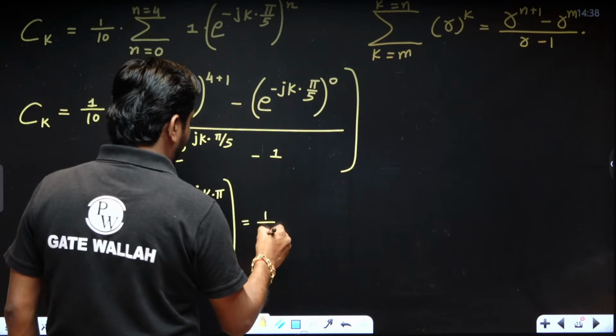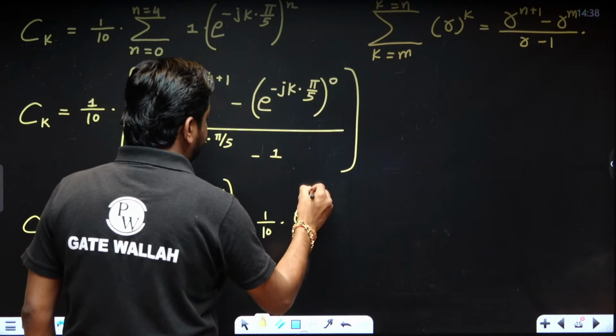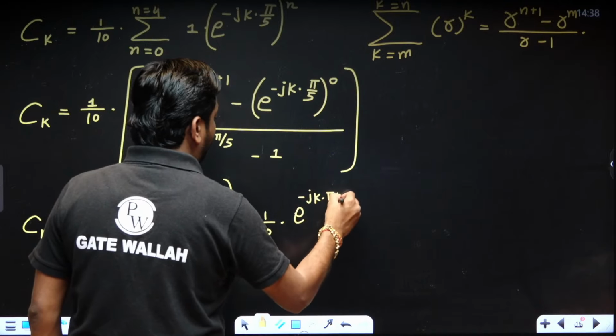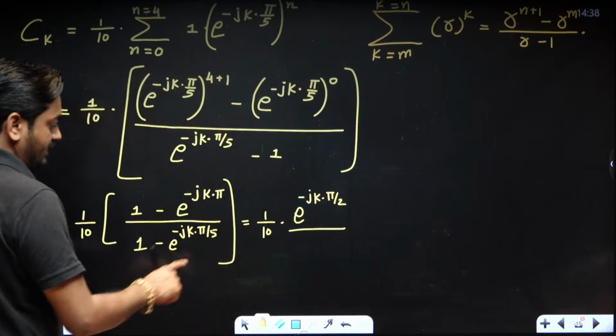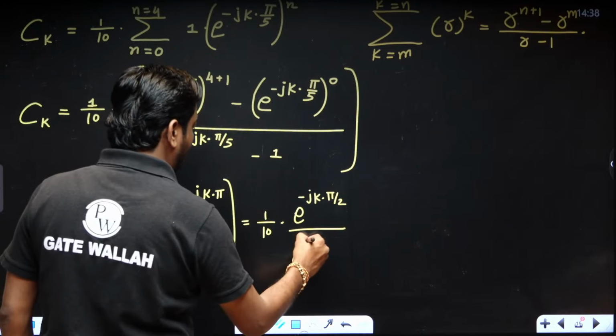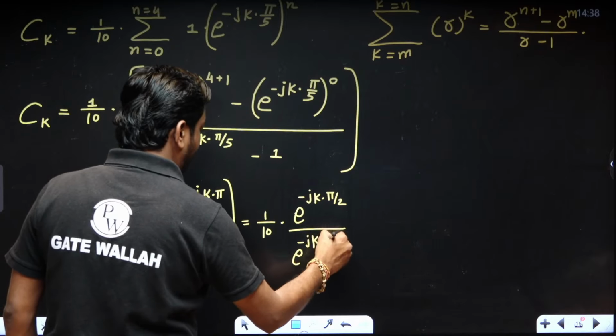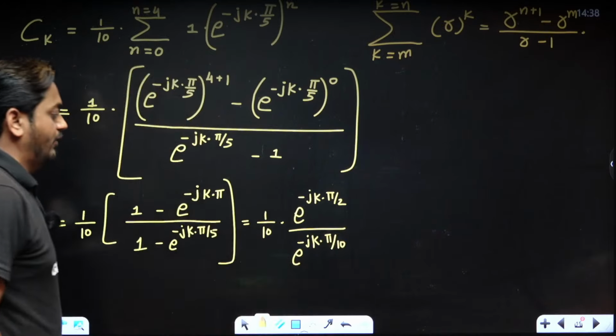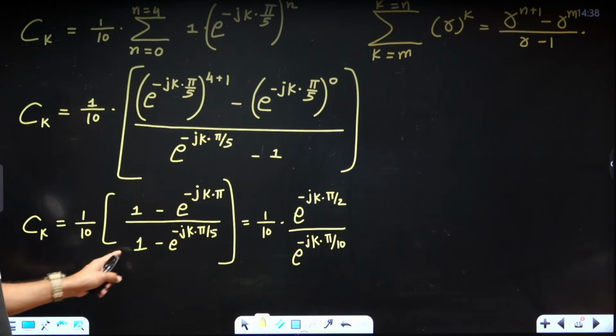So 1 by 10, this is e to the power minus j k into pi by 2, and here also, guys, the average value is e to the power minus j k pi by 10. The average of power I am taking common from this.